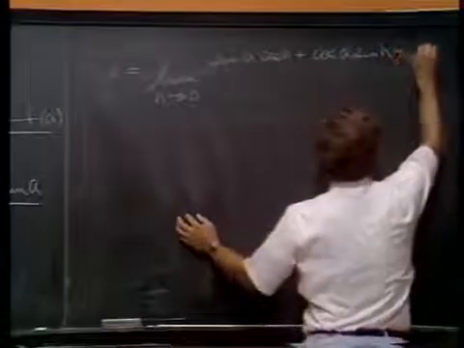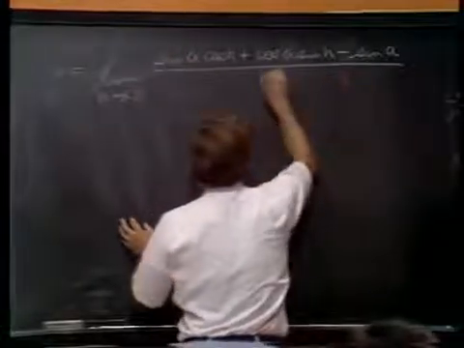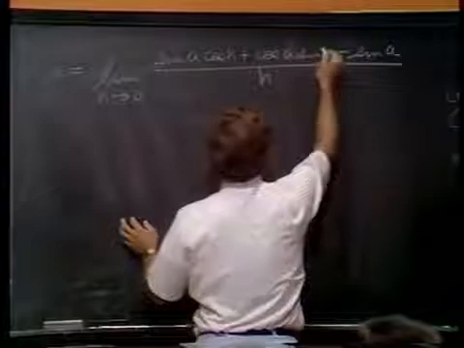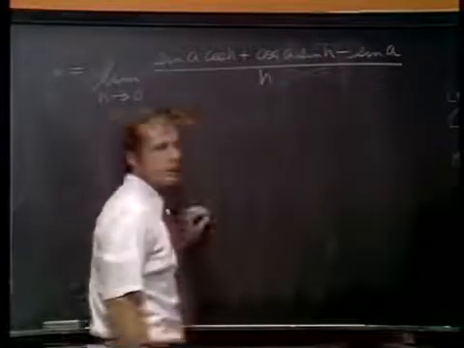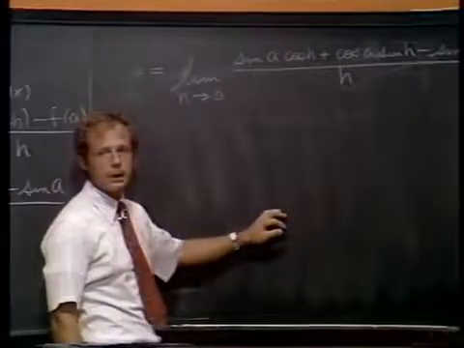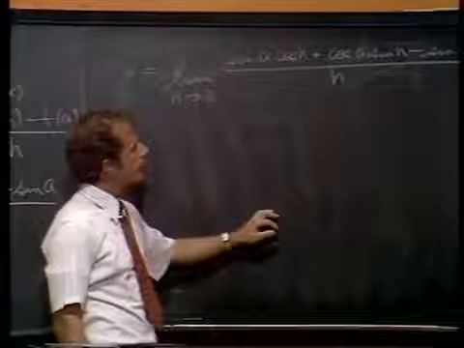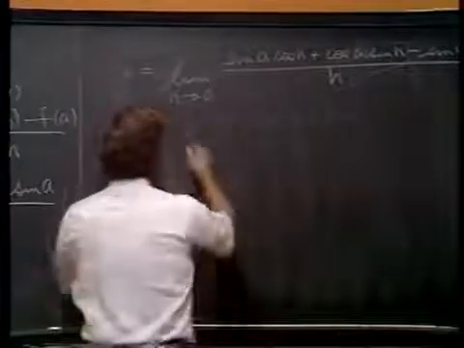We were supposed to subtract sine of a and then divide by h. And as someone noticed, right there is just the critter we've been staring at for a day or so, not so long ago, sine h over h. So what I'm going to do next is a rather obvious step, and that is break it up into some pieces. Let's pull that one out, in fact.